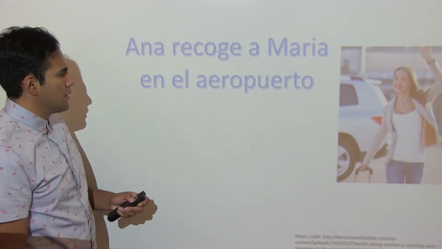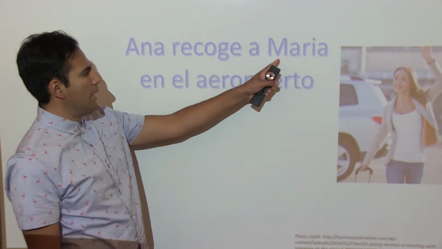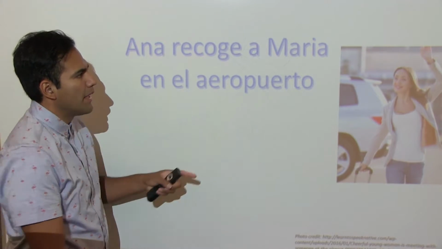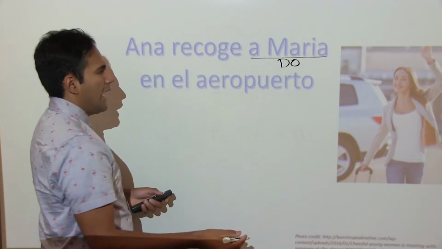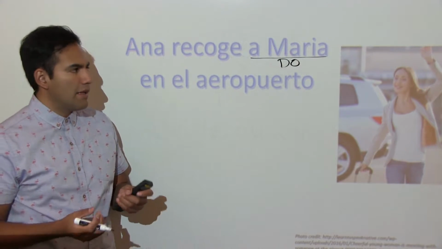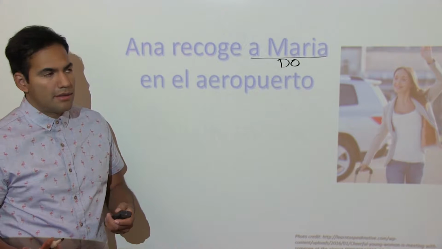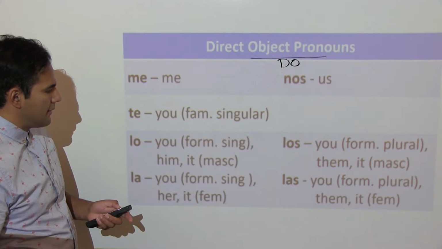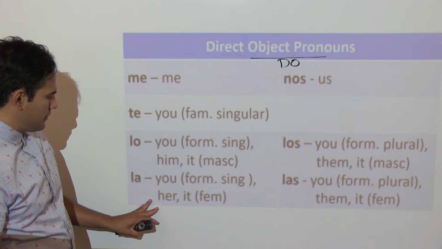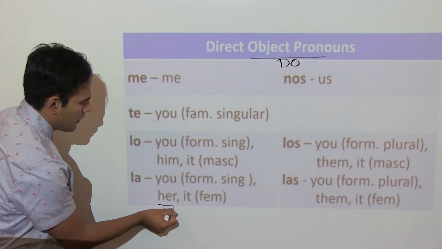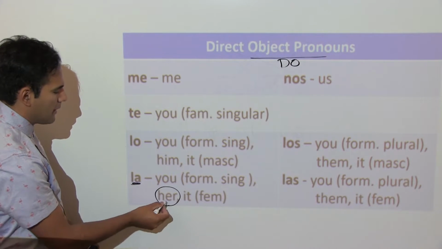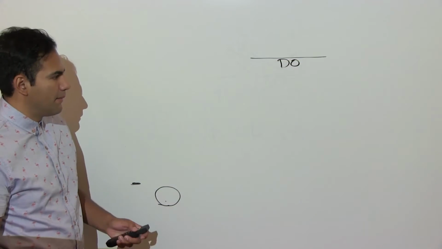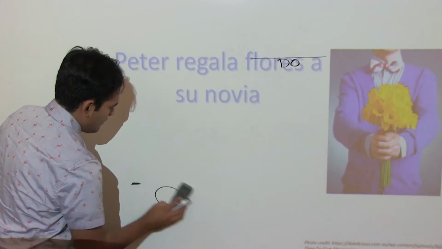Let's go to the next one. Ana recoge a María en el aeropuerto. We know María is our direct object. And this is not a thing, it's a person. So let's go back and see. Here we have that when we talk about a person, her, we're always going to use la because it's a feminine pronoun.